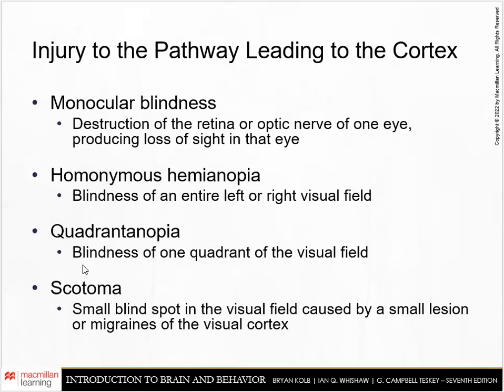Then there is quadrantanopia. This is blindness of one quadrant of the visual field. So there's the left and there's the right visual field, but then we can also split that horizontally as well. So there's the upper quadrants and the lower quadrants.